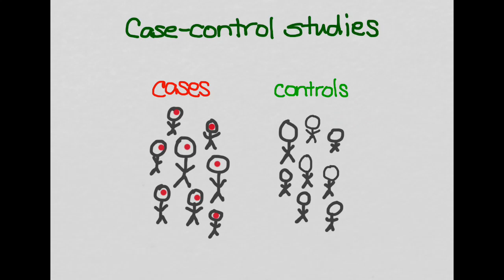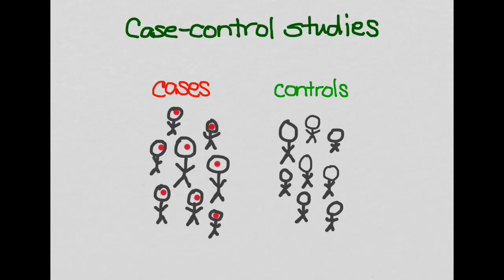And so in either of these cases, the relationship between the exposure and disease that is estimated from the study data will not be an accurate measure of the relationship of the exposure to the disease in the population, which of course is what we're interested in.